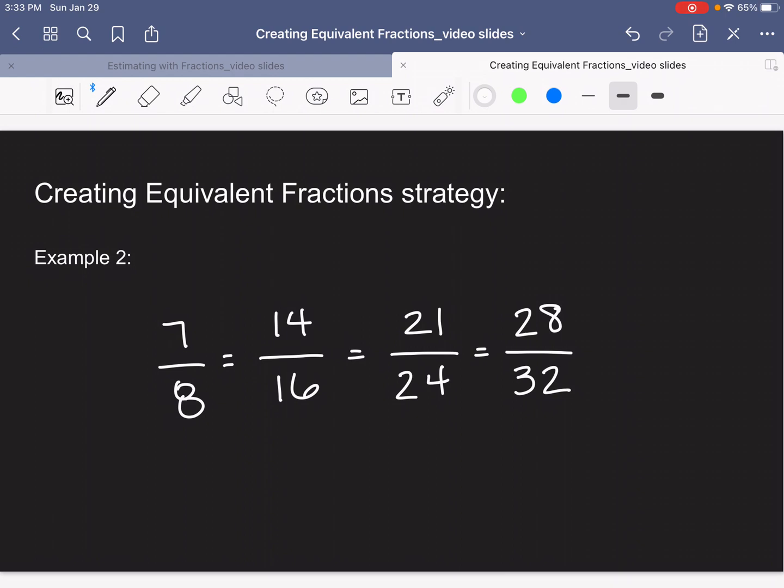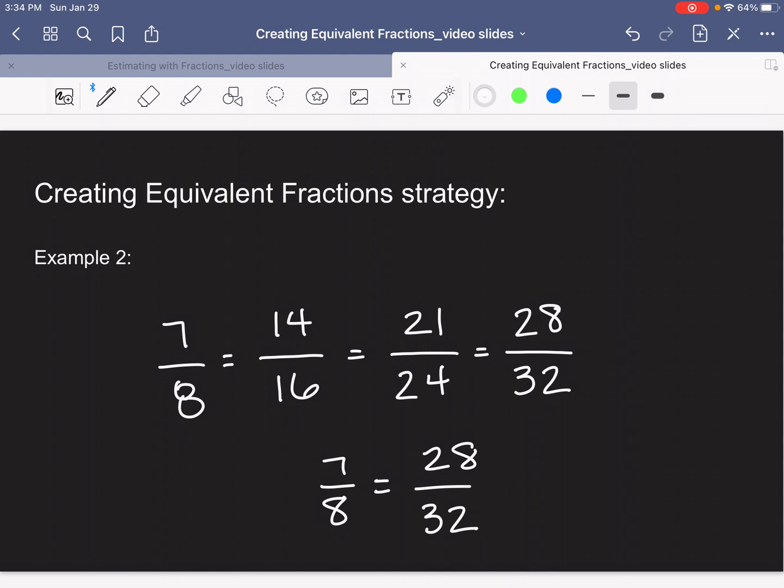All the other fractions that I have listed, 14/16, 21/24, and 28/32, these fractions are all equivalent to 7/8. And if ever you want to check yourself, you can simply pull out 7/8 and one of the other fractions. I'm going to choose 28/32 and just check to make sure, did you create an equivalent fraction?